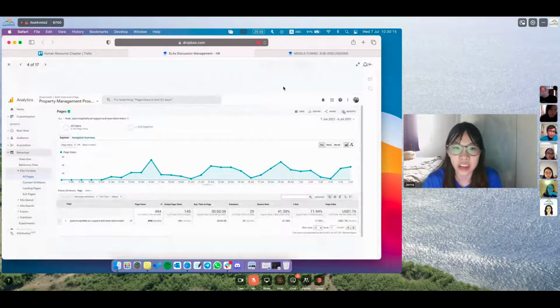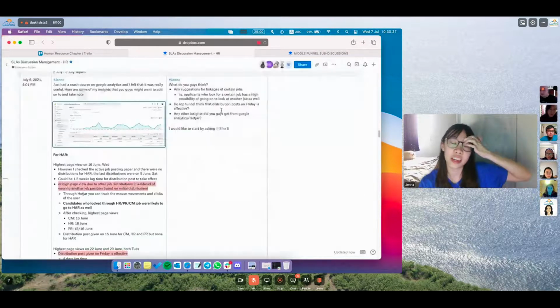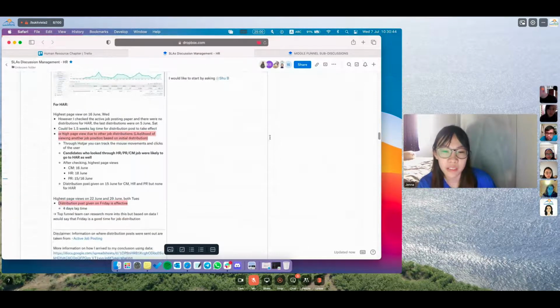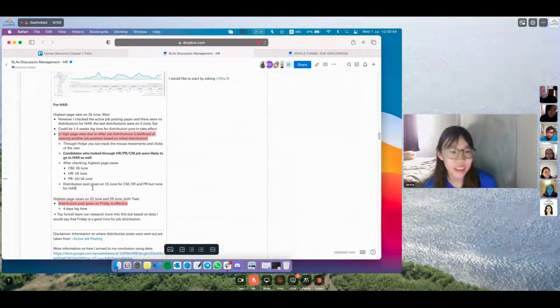So I researched HAR, and I noticed that there were highest page views on 16 June, but there were no distribution posts for HAR. So when I looked at Hotjar, I noticed it could be that the high page view is due to other job distributions, probably CM, HR, and PR, because the distribution posts were given out one day before, and they also have quite similar highest page view numbers.